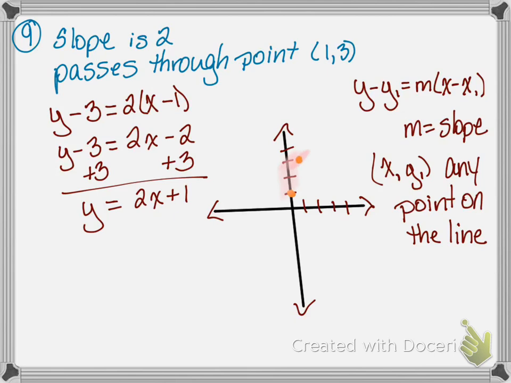Now, I could go down 2 and over 1. That's also okay because down 2 is -2 and to the left 1 is -1. So that makes it a negative over a negative, which is a positive. So now, and this is definitely not perfect, but that is my line.